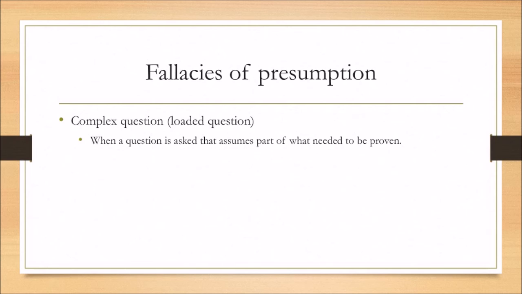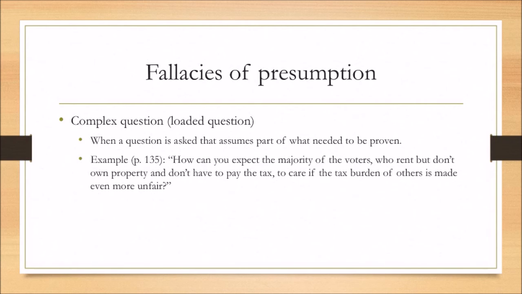But here's a more common way that this kind of thing happens. It comes from the textbook. It says, how can you expect the majority of the voters who rent but don't own property and don't have to pay the tax to care if the tax burden of others is made even more unfair? Okay. Notice what this does. It's asking, how can you expect the majority of the voters to care?